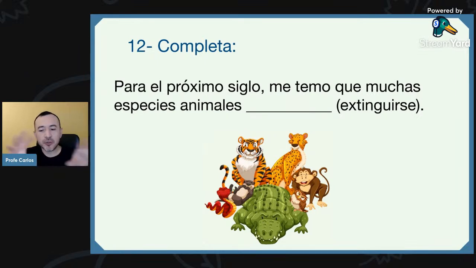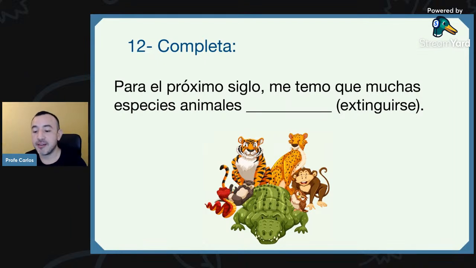Which way? So give it a go. I know you can do this. Para el próximo siglo, me temo que muchas especies animales. So next century, I'm afraid that a lot of animal species.